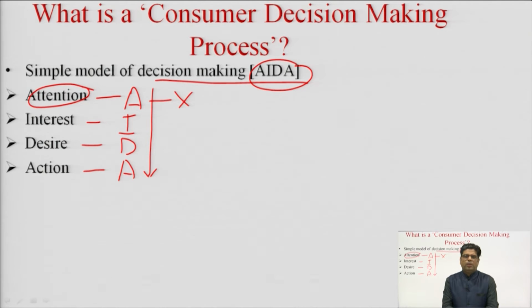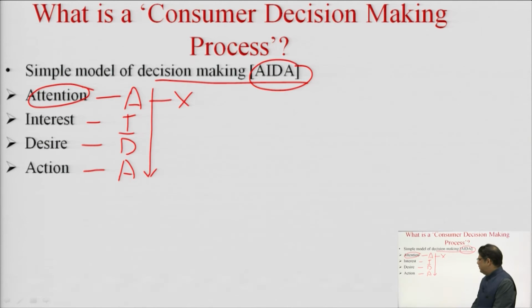When the person who is going to buy the product comes to know about various features, he compares how these features are different from the features of the competitors' products, and this further aggravates the interest, and hence the second step gets completed.